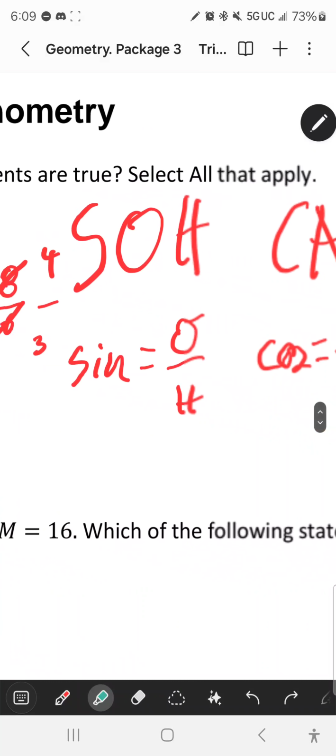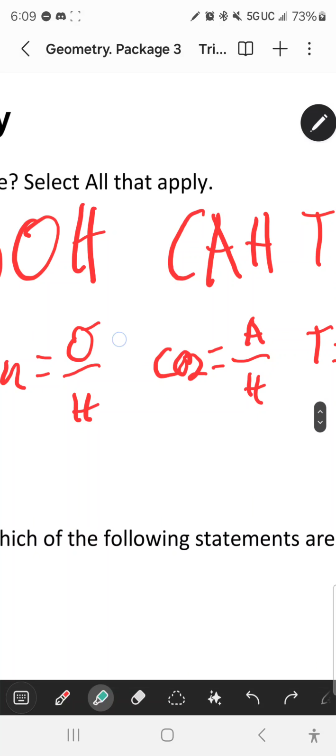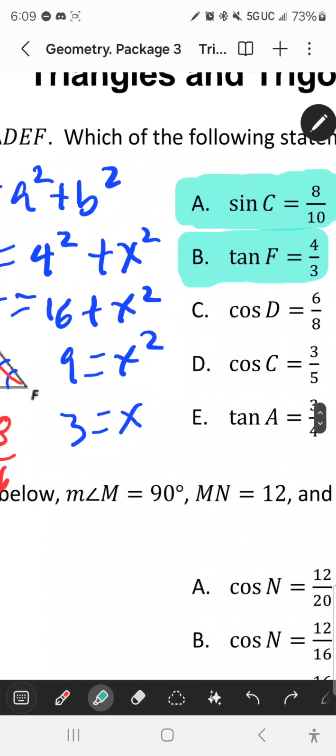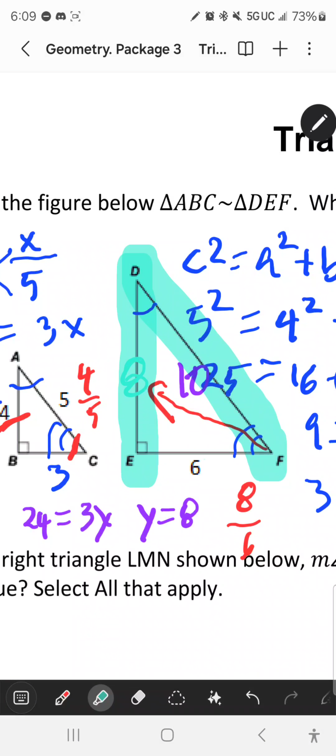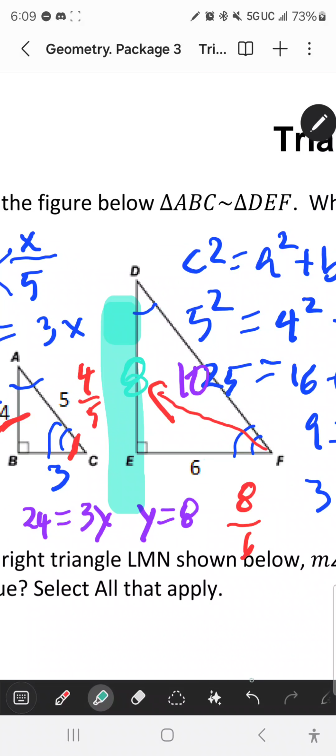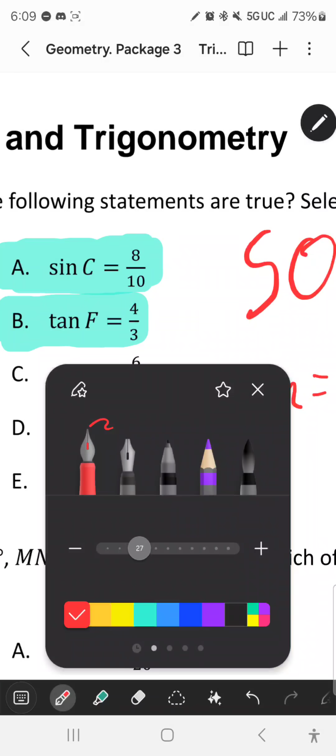Cosine of D. Now, cosine is adjacent over hypotenuse. So I'm going to go to angle D, and I'm going to the adjacent and the hypotenuse. Adjacent is the one right next to the angle, hypotenuse, the big one opposite to the right angle. So in this case, it will be 8 over 10.